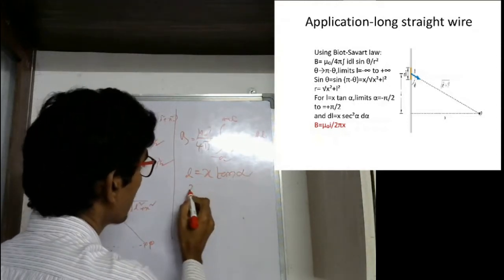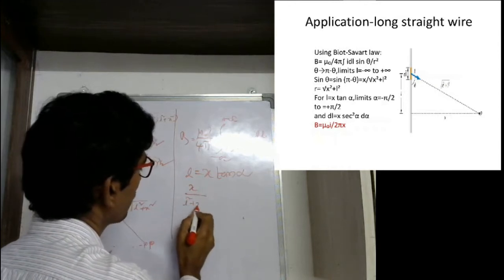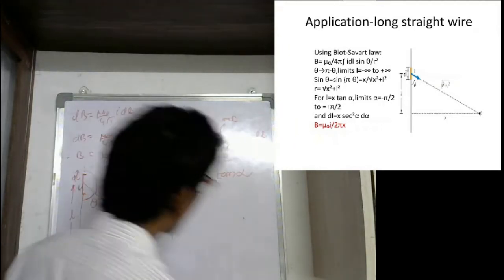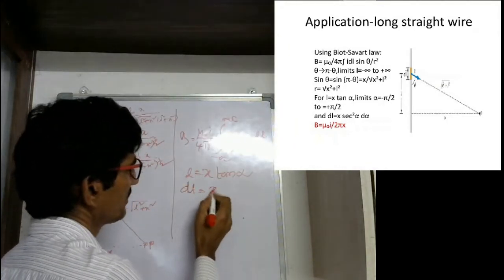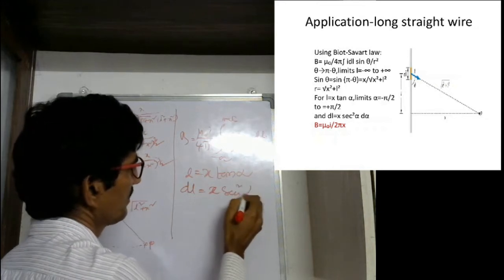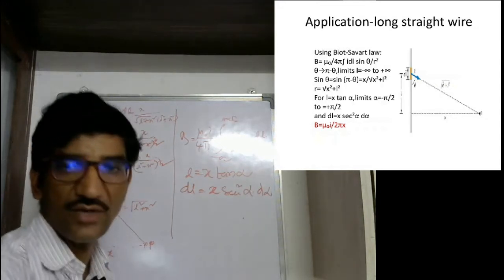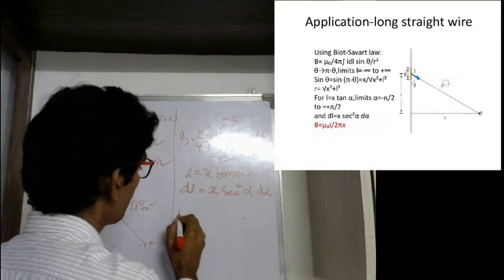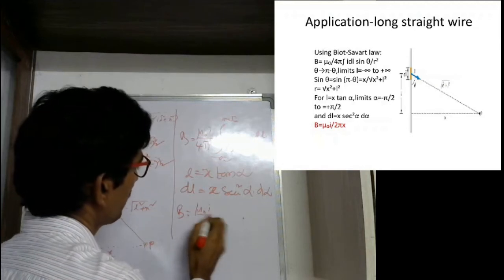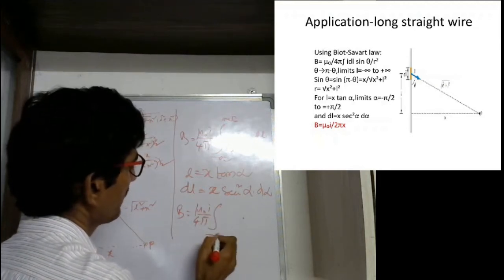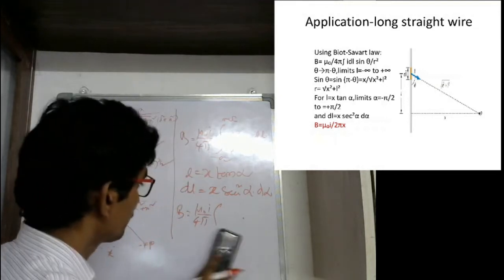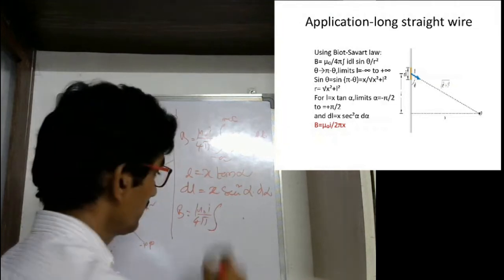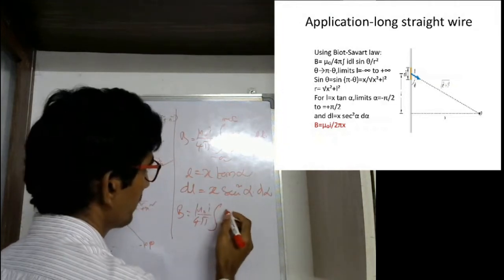Then what happens to your x by L square plus x square? Before that, what happens to dl? dl is equal to x sec square alpha d alpha. Now let us substitute these things here. Mu naught I by 4 pi integral. We have to change the limits of integral as well.